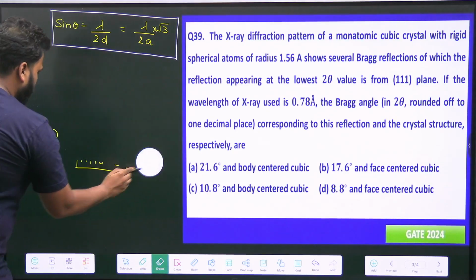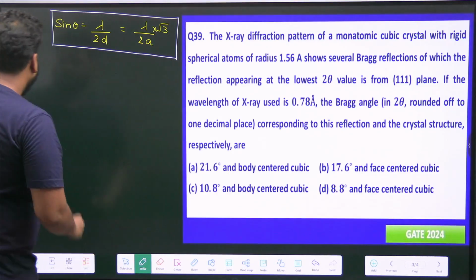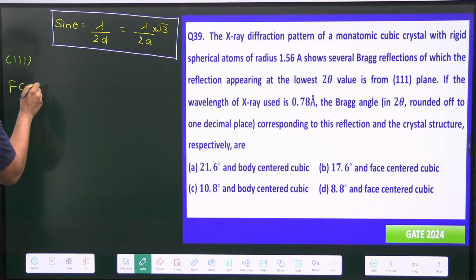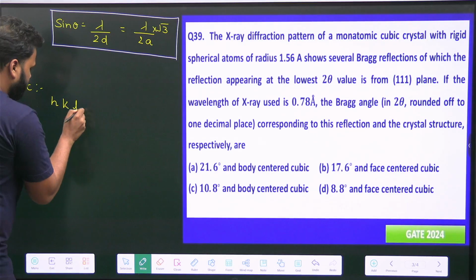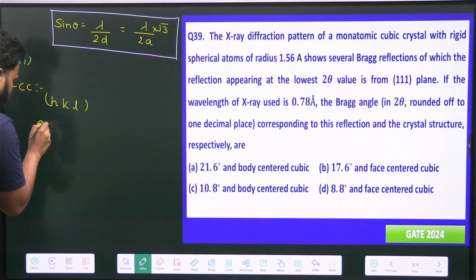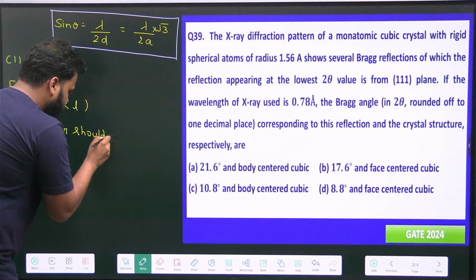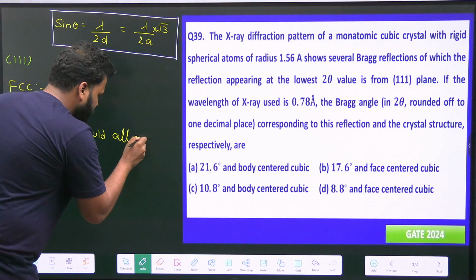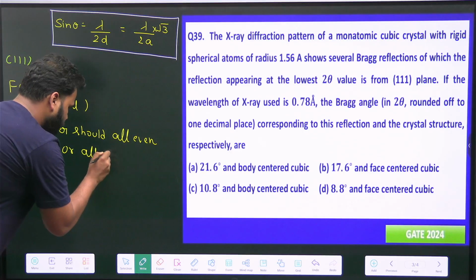If you know the condition for the FCC lattice, the condition is that HKL should be either all even or all odd.